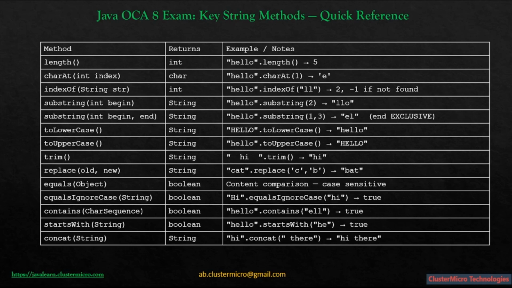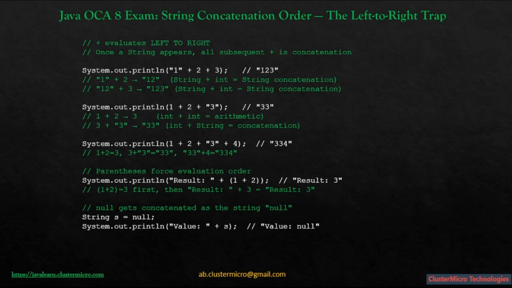Then we have string concatenation order, the left-to-right trap. String concatenation order is one of those topics that looks simple but catches people repeatedly on the exam. If we see the first example, System.out.println("1" + 2 + 3), the answer is 123. Java starts at the left.